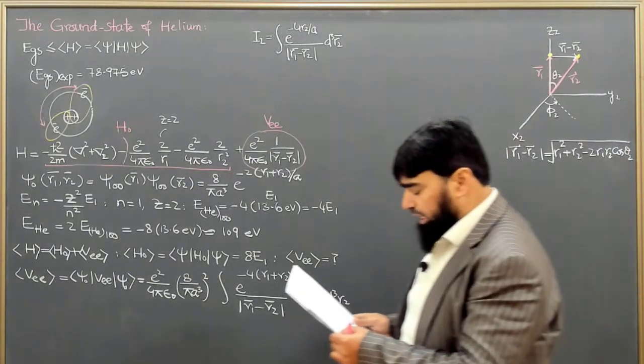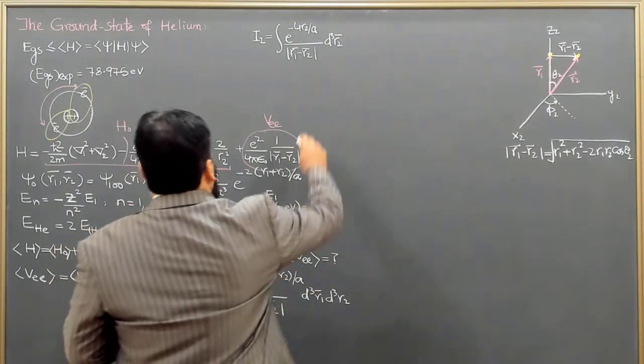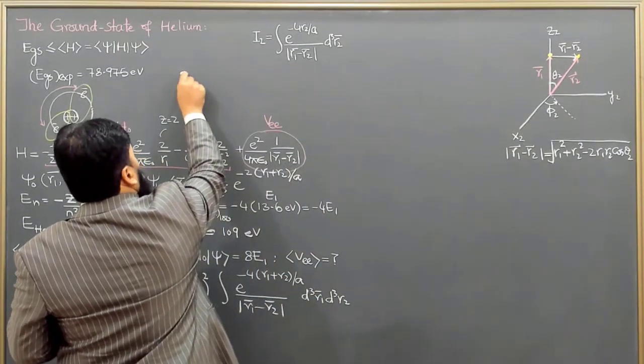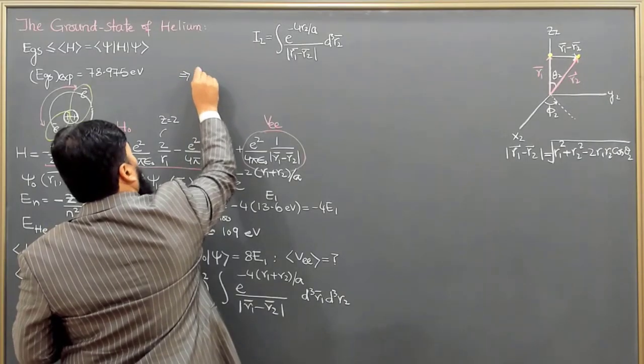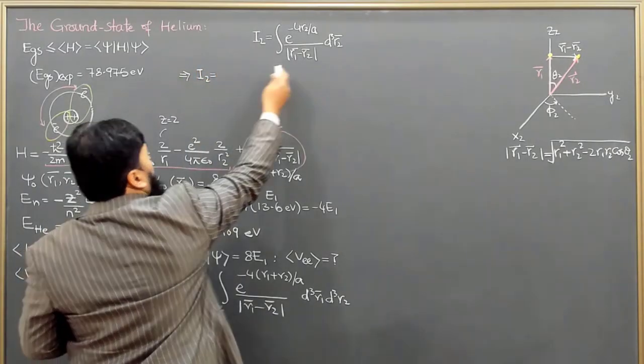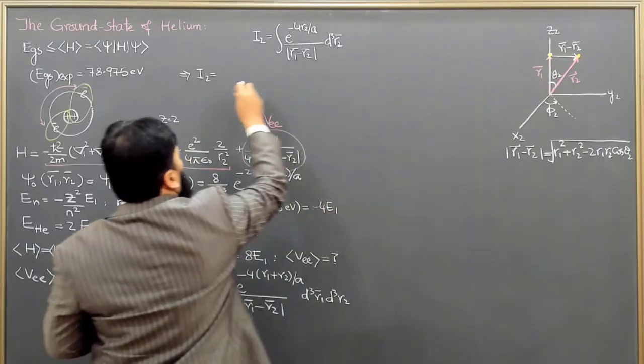So I2 I will write first. This implies that I2, now I will write the r1 r2 value here.